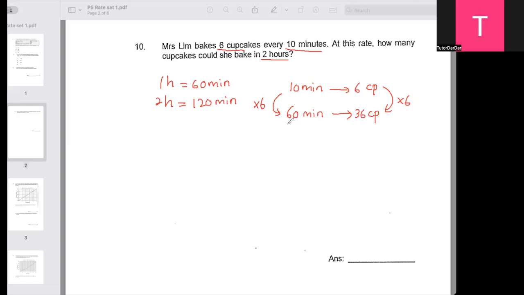Now, 60 minutes, you already know this is 1 hour. What we need is 2 hours. So 1 hour times 2 becomes 2 hours. If this side times 2, this side also times 2. So 36 times 2, we will get 72. So the answer is 72.